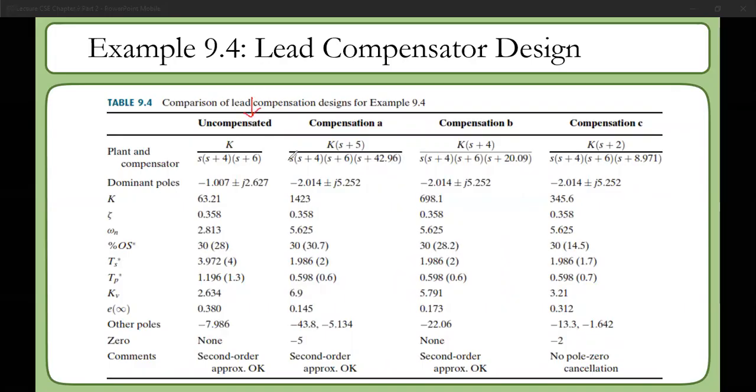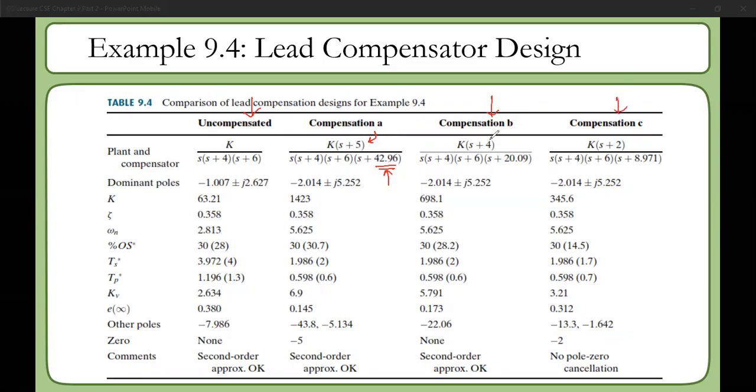This is your uncompensated system, the first column. When you place your zero at -5, we have shown the calculation for that one. The rest of them, these two, you have to do by yourself.